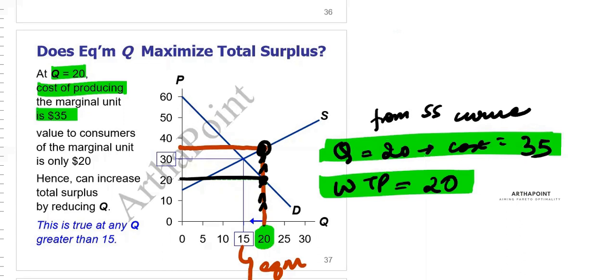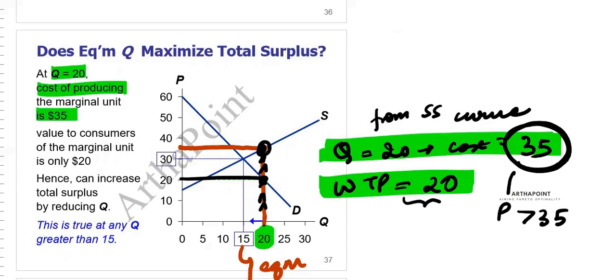So, the producer will not be able to sell because his cost is 35. He wants the price to be more than 35. The consumer will not buy it because he wants the price to be less than 20. But these are two conflicting things. So therefore, you will not be able to go ahead and sell that unit.